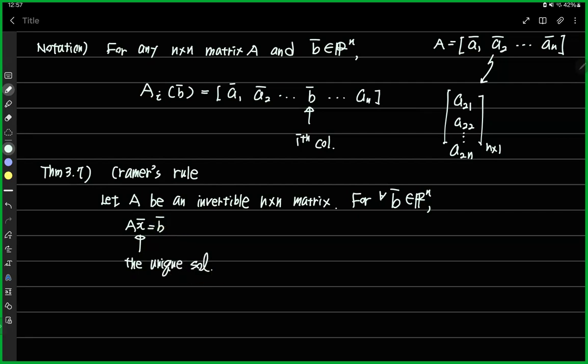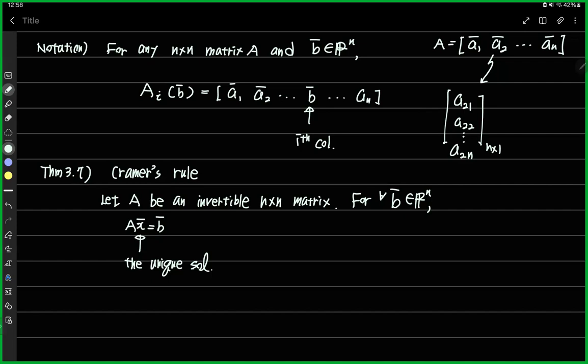What does that mean? This system has a unique solution, A has n pivot columns, and those columns are linearly independent. There are a lot of equivalent statements in the invertible matrix theorem, so please keep the invertible matrix theorem in mind.